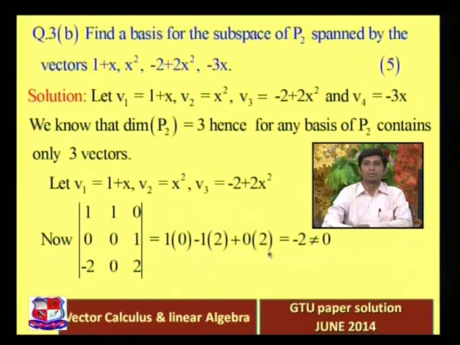So the determinant is equal to minus 2, not equal to 0. So that's why V1, V2 and V3 are a linearly independent set of polynomials.